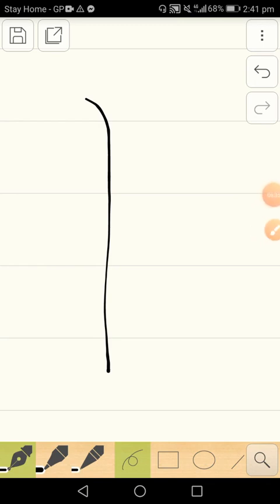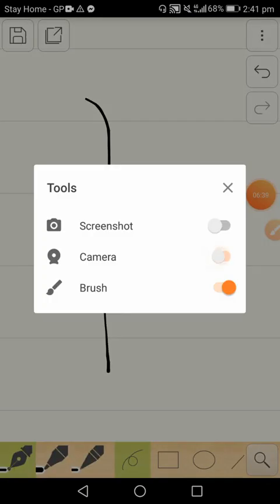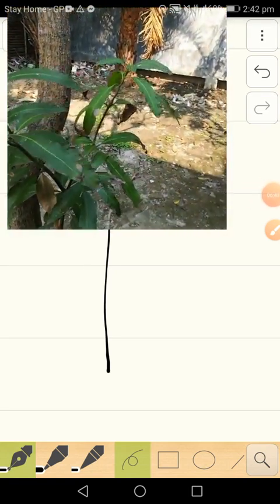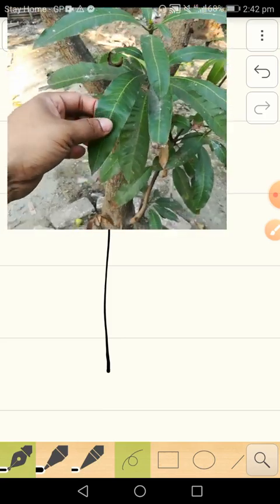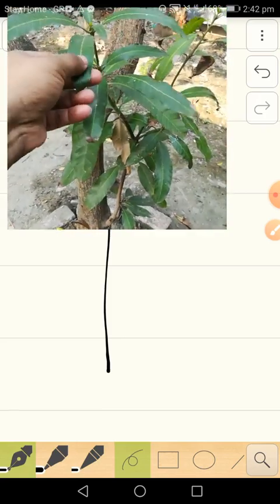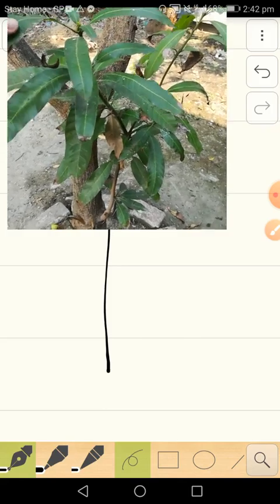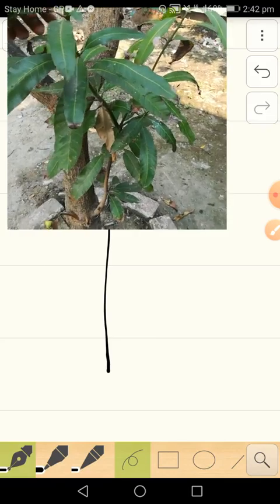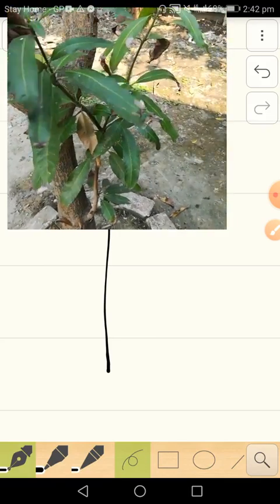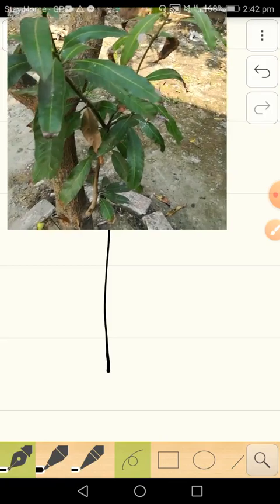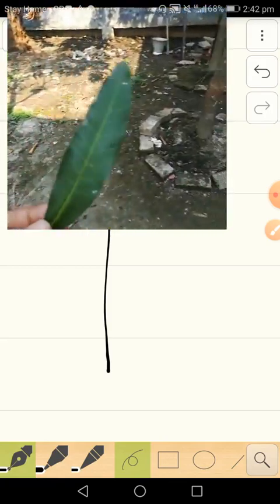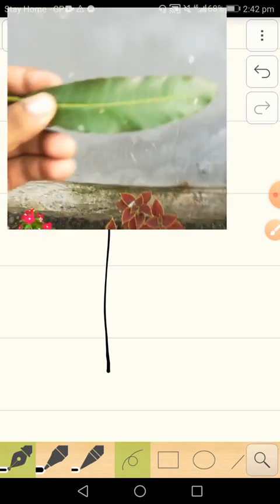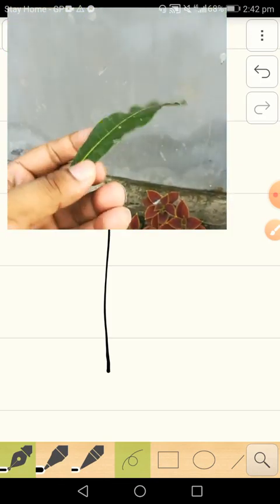If I tear off a leaf from the mango tree, let's see, this one is better. So I have torn off a leaf. Now let's learn from here. So this is a leaf.